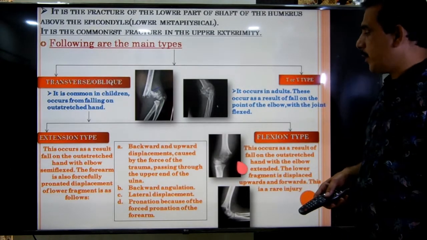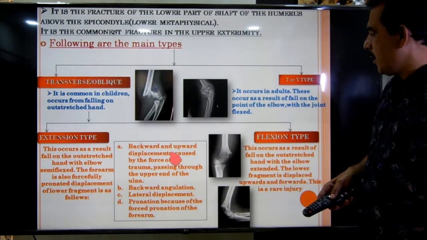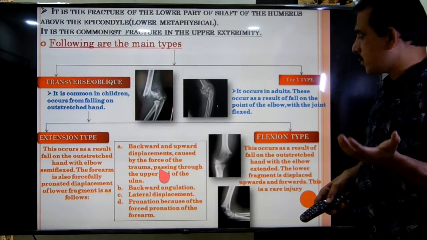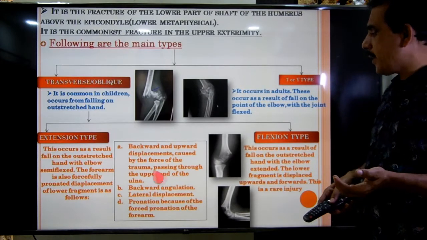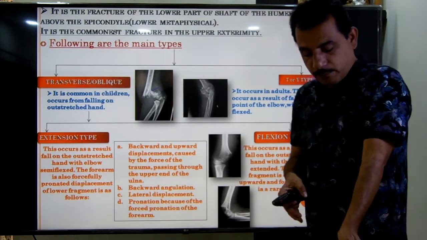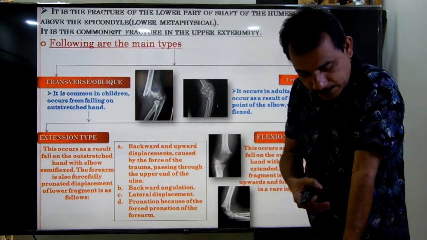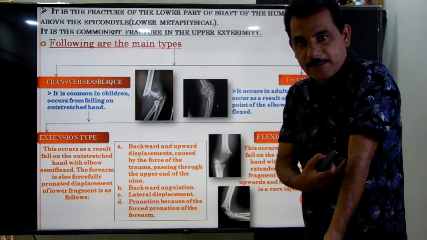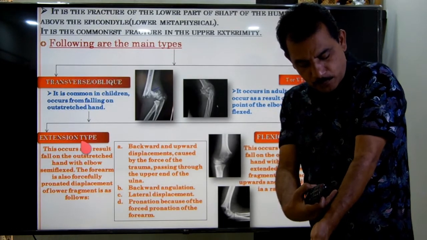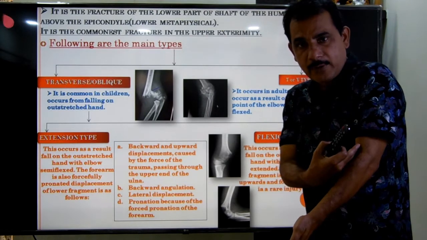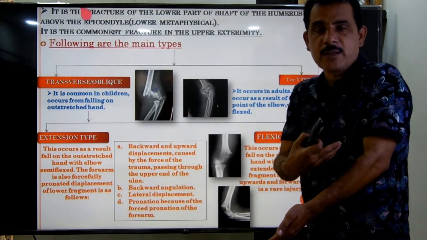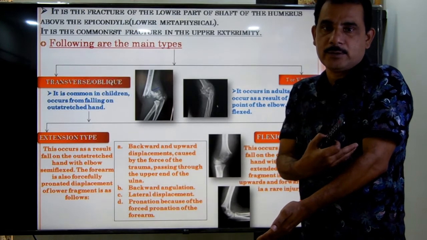The lower fragment displaces backward and upward, caused by the force of the trauma passing through the upper end of the ulna. When the child falls with flexion, the force travels upward and backward, and with that the lower end of the humerus displaces backward and upward.